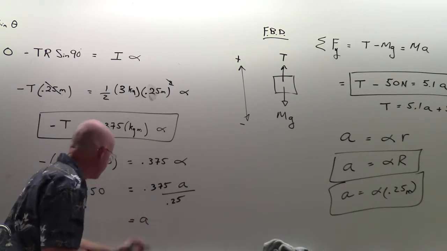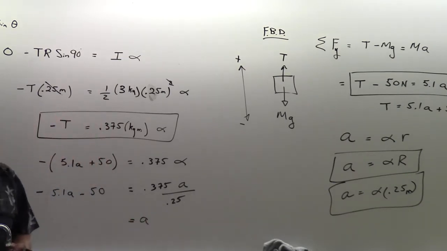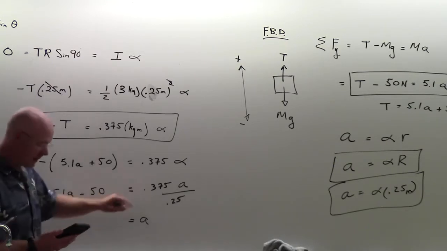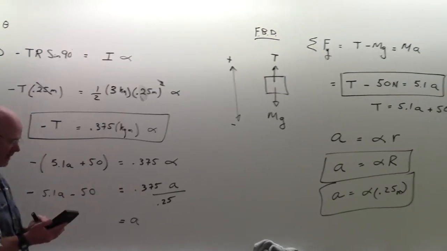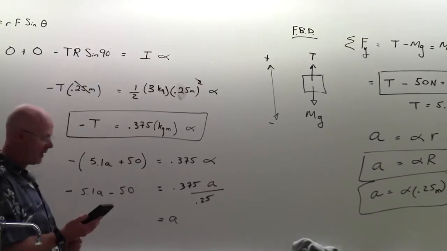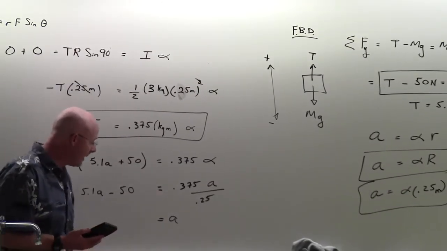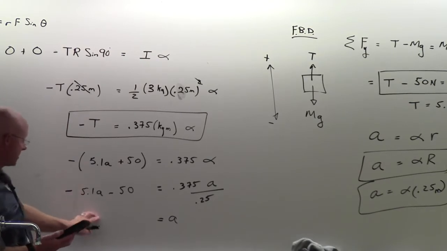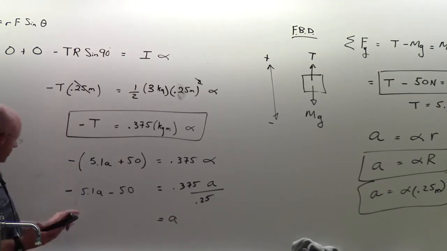And now I can solve for one of these, which would be my A. Let's see, why don't I just take that number, 0.375 divided by 0.25, that's 1.5. I'll bring this over, so I will add to it 5.1A, 6.6.